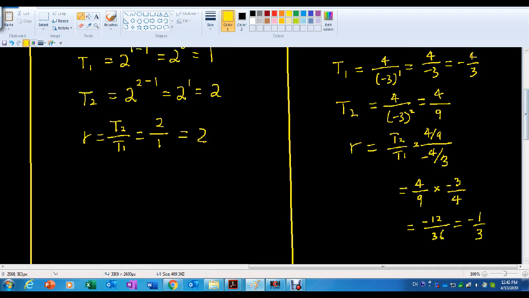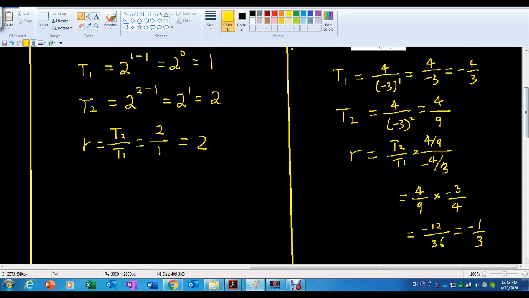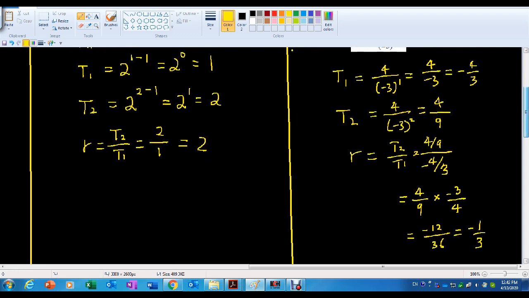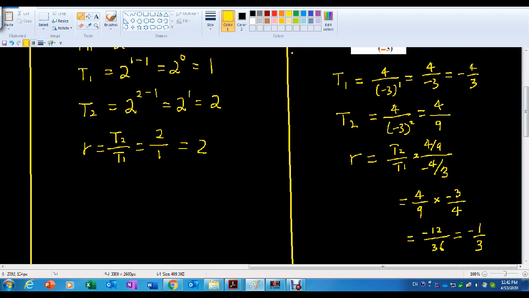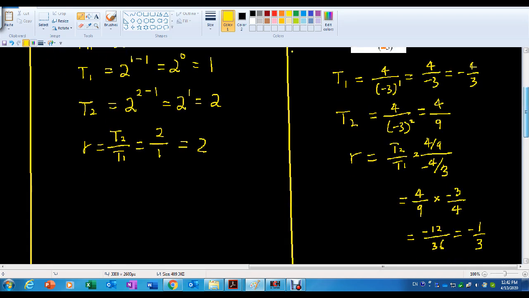So that's the common ratio. Okay, so you've got the first term, you've got the common ratio. If you got the same answer, congratulations. If you can't, make sure you understand which step you went wrong. Okay, good.